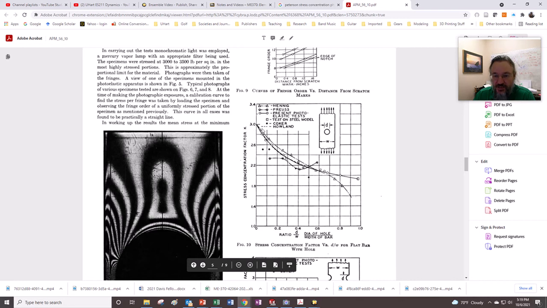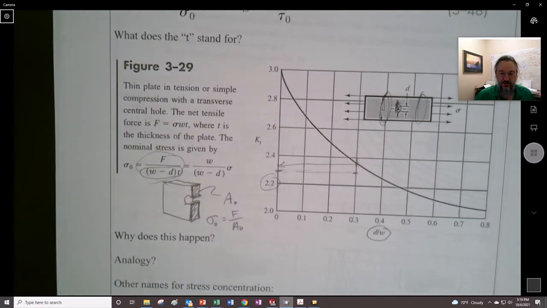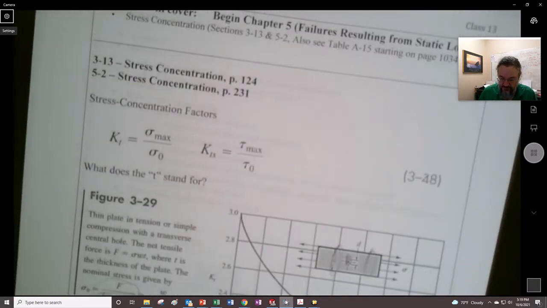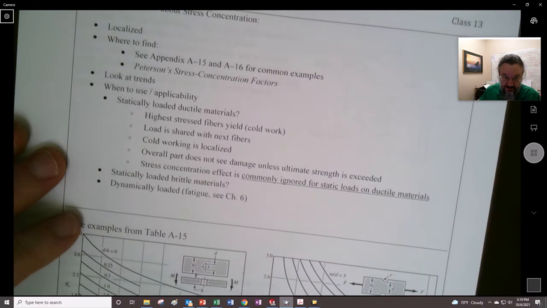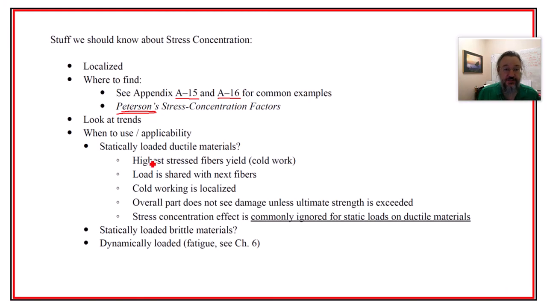All right, so this is where this comes from, right here. But amazingly, it was done years and years ago before FEA. So let's take a look at some other things. Okay, so here's other information I wanted to talk about.